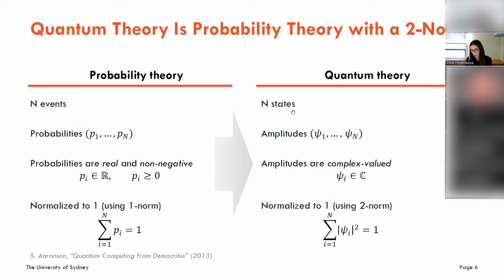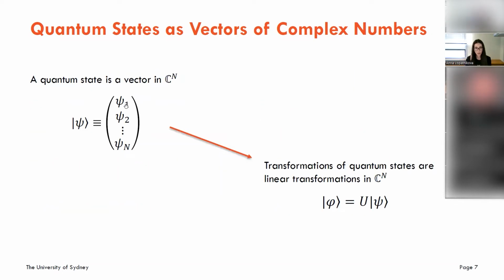We have a quantum system that can be in one of the n states with these amplitudes assigned to it, and we make a vector out of the amplitudes so that each state corresponds to one of the directions and the amplitudes form a vector. And this little thing here is called a ket. It's kind of like an arrow.